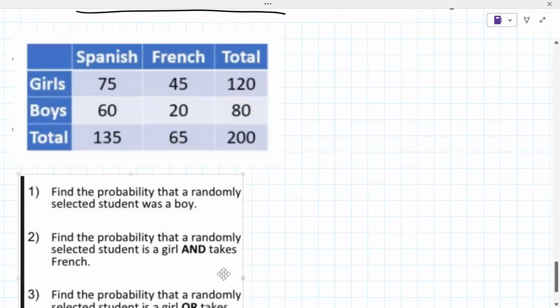All right, let's do the first two. Give me the answers to the first two. Take your time. There's no rush.